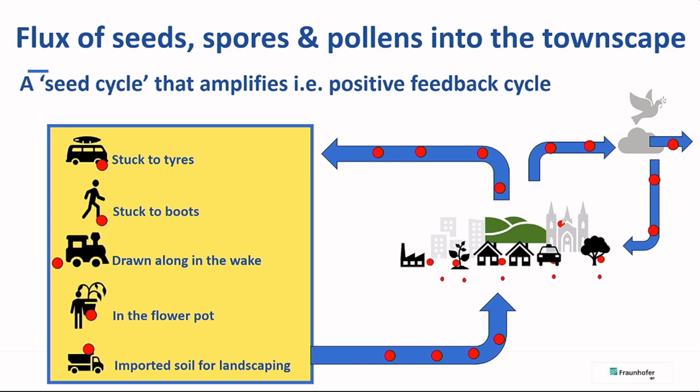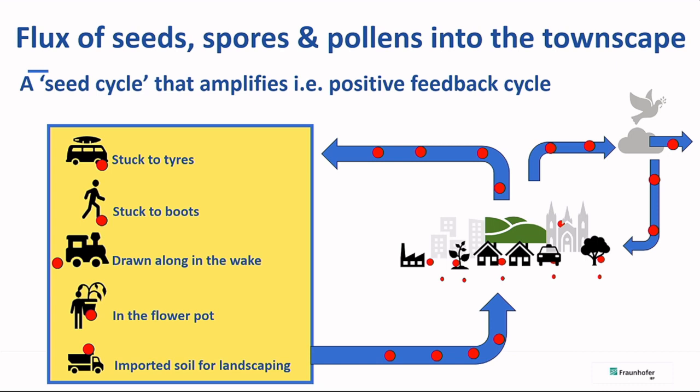So they bring these seeds in, and the seeds, many of them find a good place to germinate in a city. And then they go out, and they go out for fishing or football, and they take some seeds back with them. And this is a positive feedback cycle.